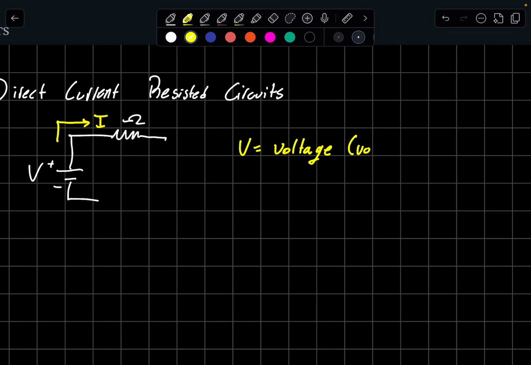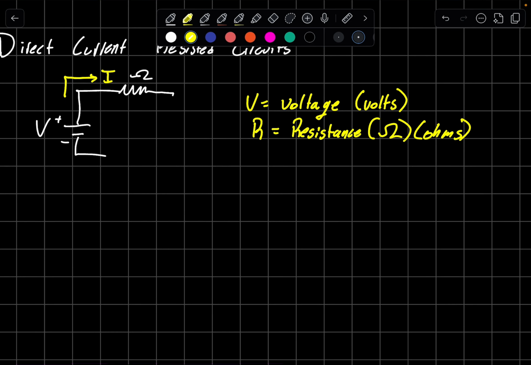You've got R for resistance, measured in ohms, the Greek letter. And you've got I for current, measured in amperes, which is A.